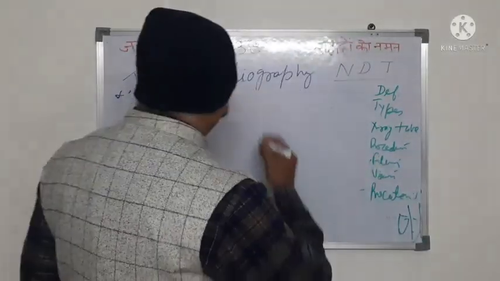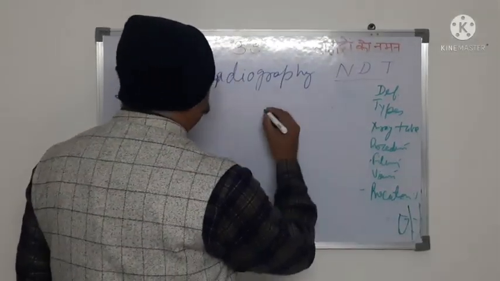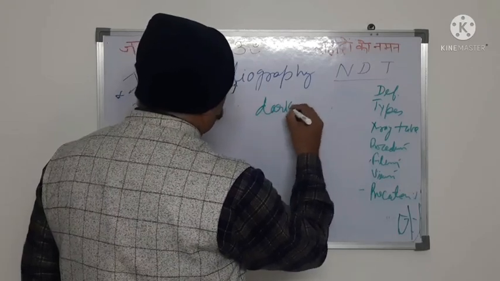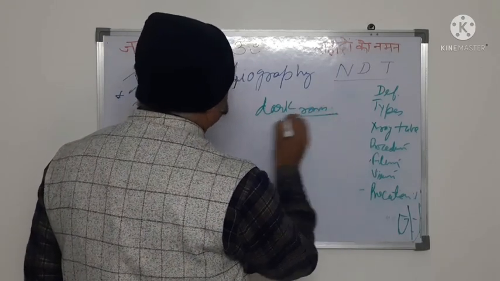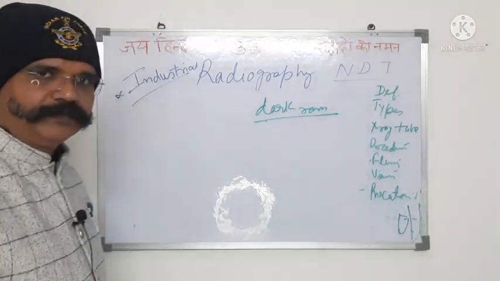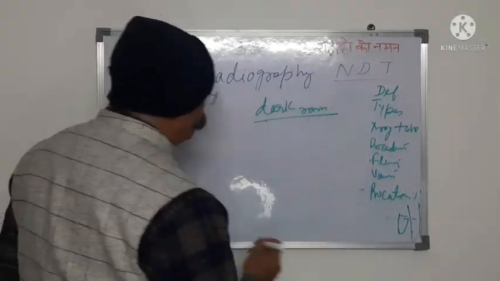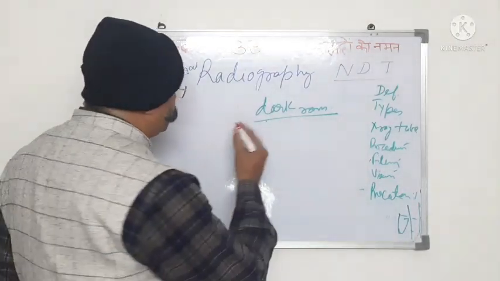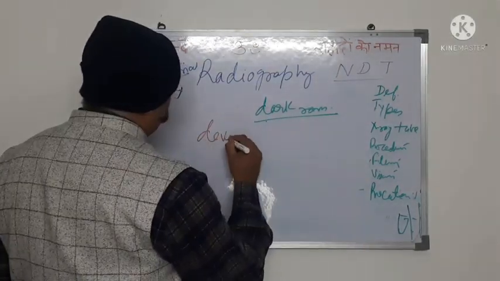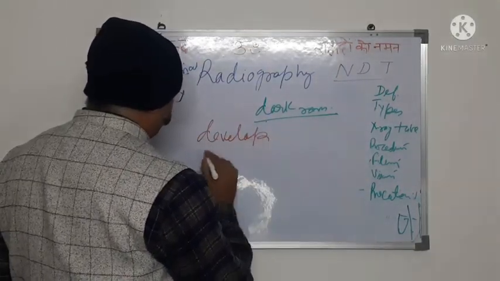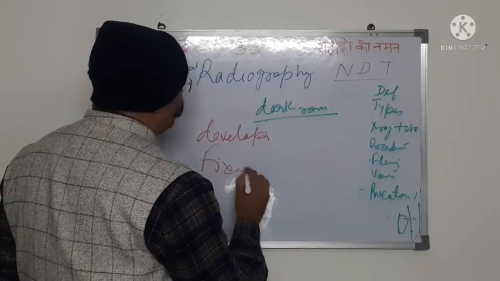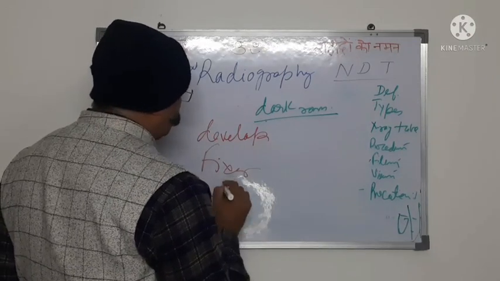So you need to process these things in a dark room where the darkness can be maintained. Here 2 chemicals are basically used, that is developer and fixer, and at last you wash it with water.